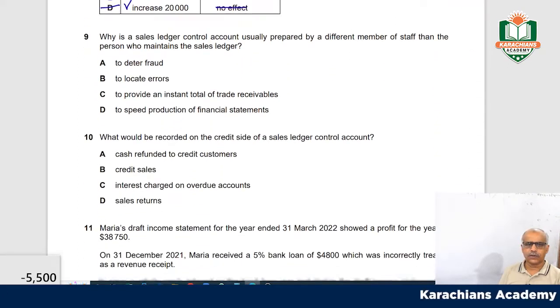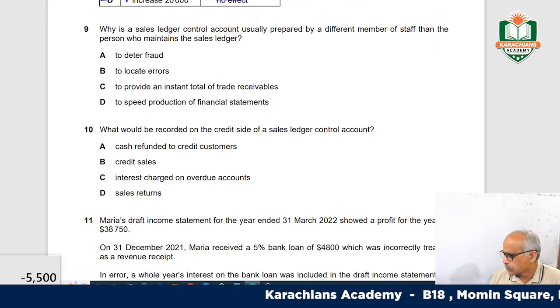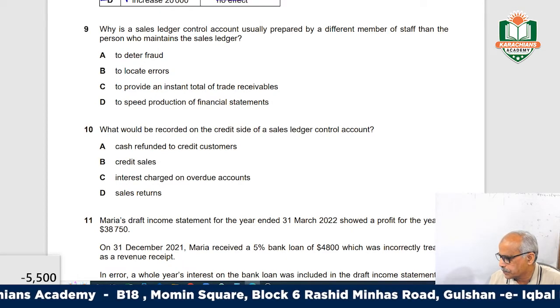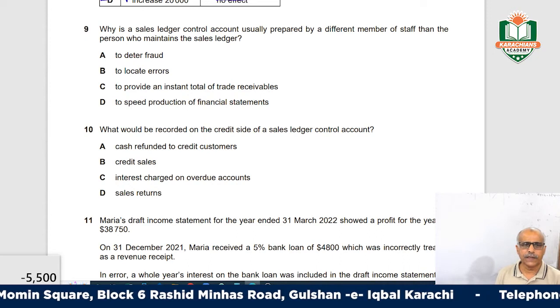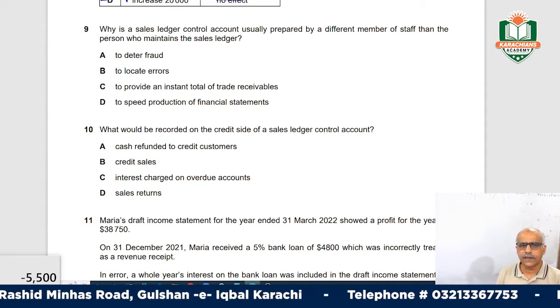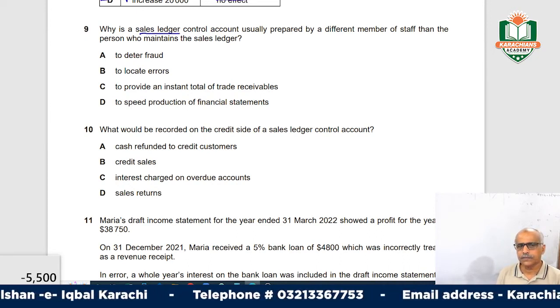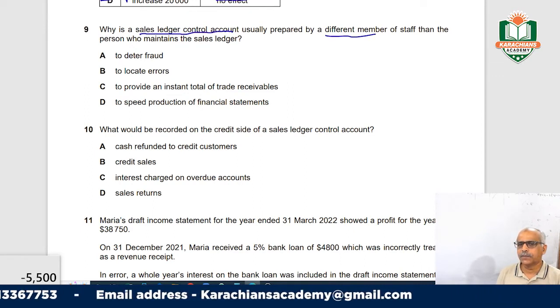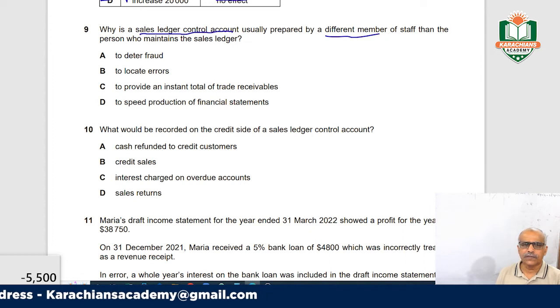Let's move on to question number 9. It says, why is a sales ledger control account usually prepared by a different member of staff than the person who maintains the sales ledger? What is the sales ledger?